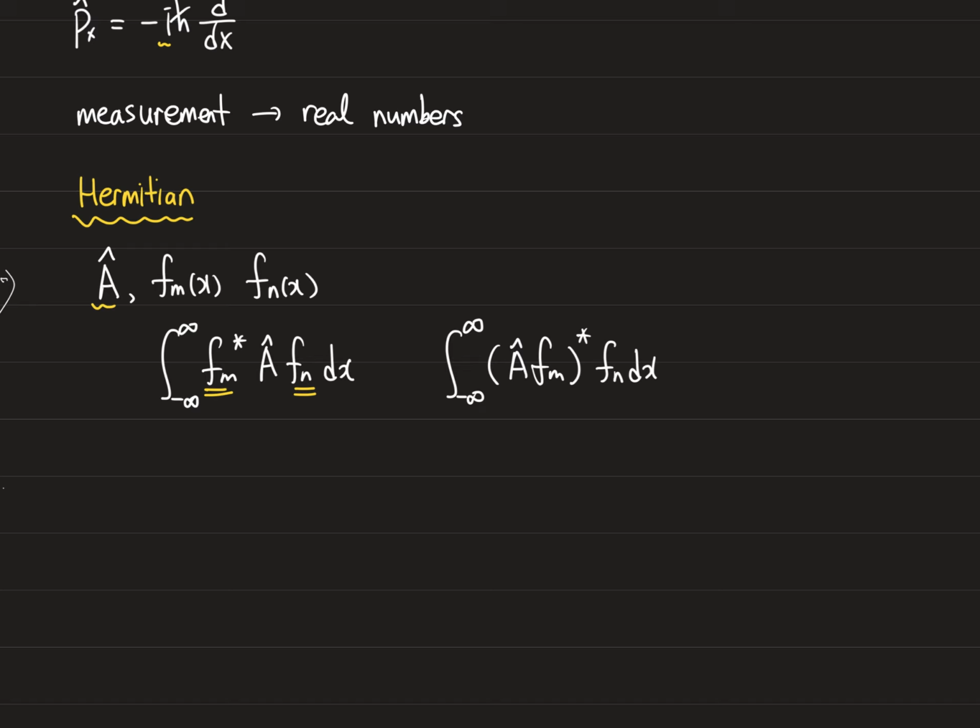If these two integrals are equal, then we say that the operator A is Hermitian.